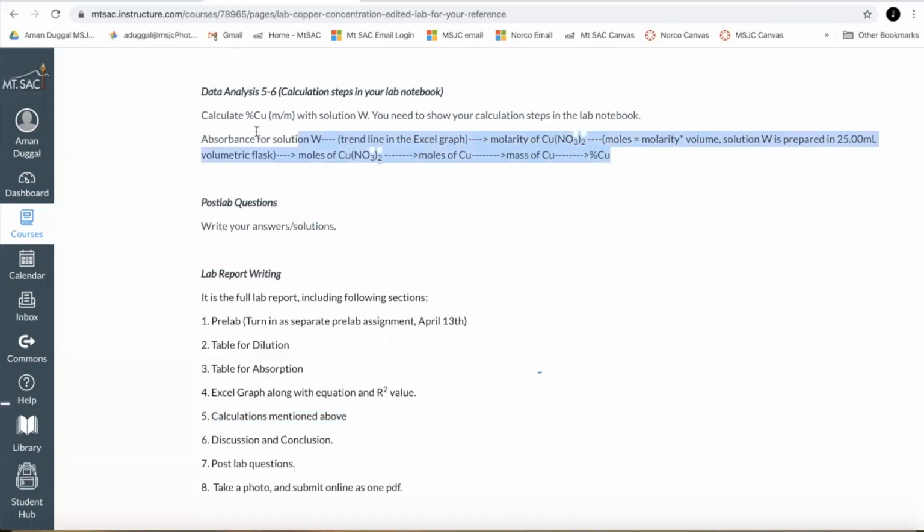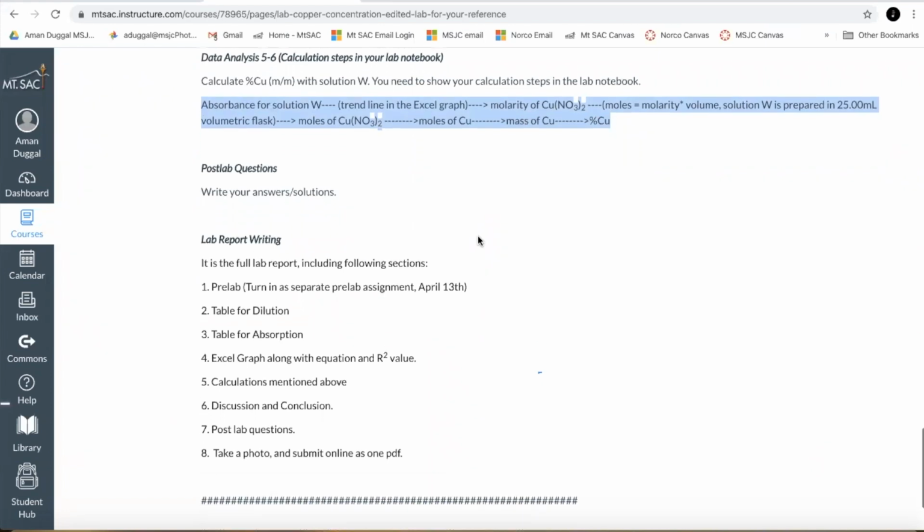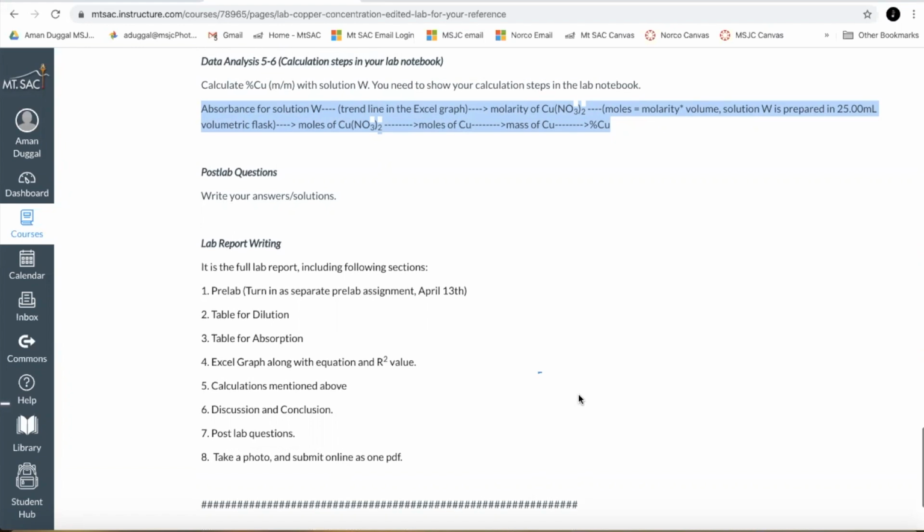This actually shows you exactly how you get to the percentage of the copper. I think I discussed this last time as well, but this is summarized again for you. Okay. And then you're going to do your discussion and conclusion. Then you do your post-lab questions, take a photo from your lab notebook, and submit it online as one PDF document. Okay. And this lab is now going to be due in a week from today.